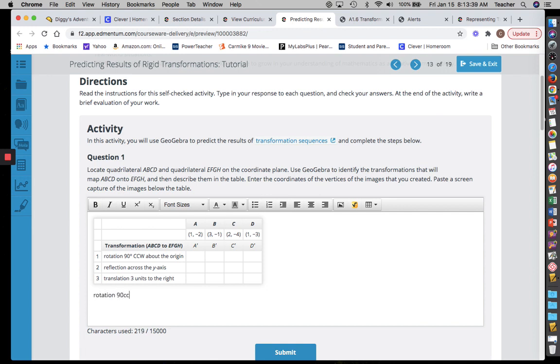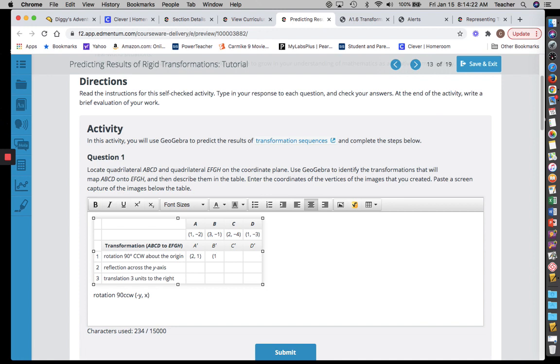Rotation 90 counterclockwise: the cheat code is (negative y, x). So I can use that cheat code and realize that these 2 ordered pair values are going to switch places, and the y, which in this case is negative 2, is going to change signs. So that negative 2 is now going to become a positive 2, and the 1 stays a 1. It goes to the back.